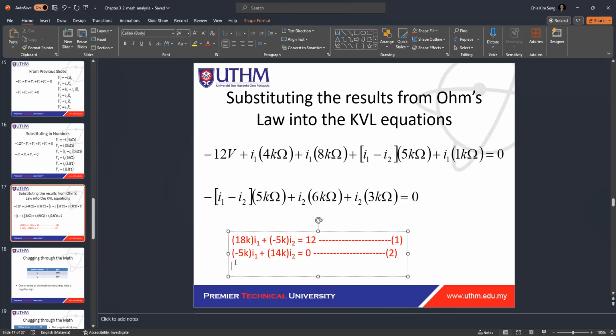So eventually, after I enter, I get the first, I1 equal to 0.0007 ampere, and I2 equal to, let me see, I2 also very small, 0.0003.